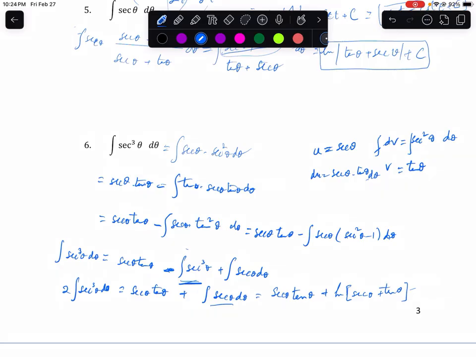Now on the left hand side we have 2 times the integral of secant cube theta, so we will divide by 2.